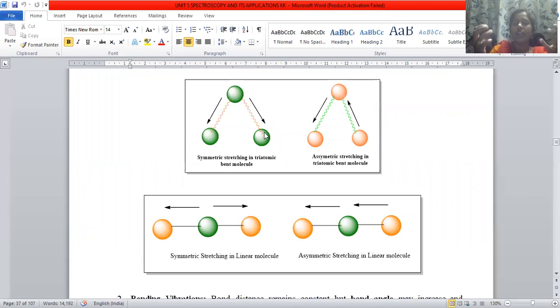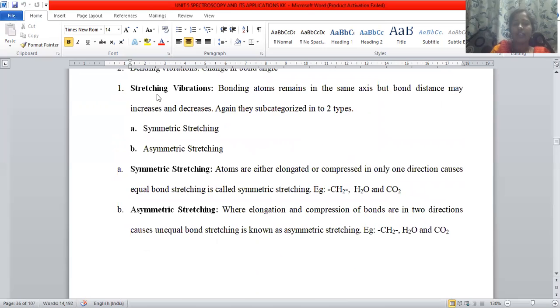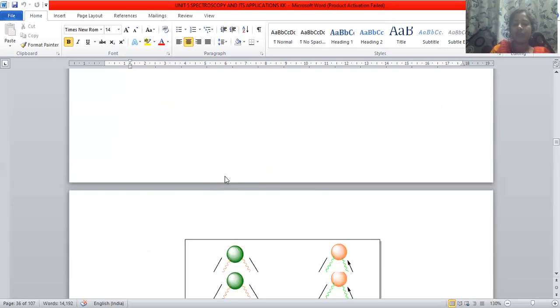Symmetric stretching means equal direction, equal possibility, equal stretching of bond length, so that the molecule retains symmetry even after applying this stretching vibration.